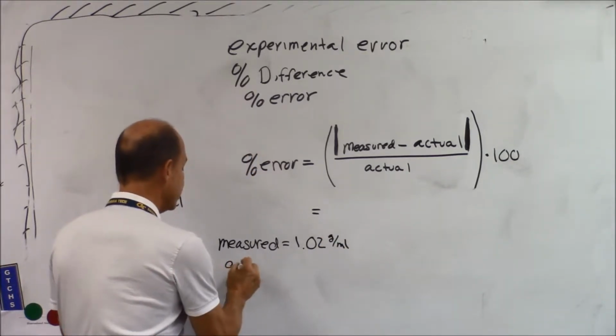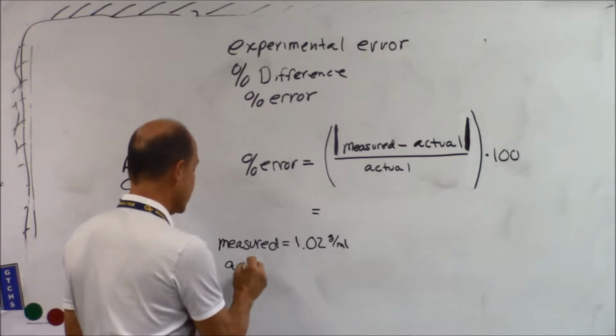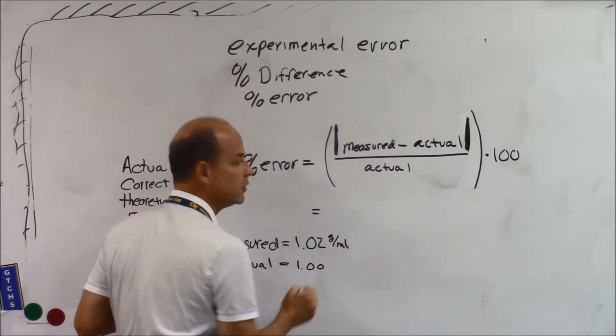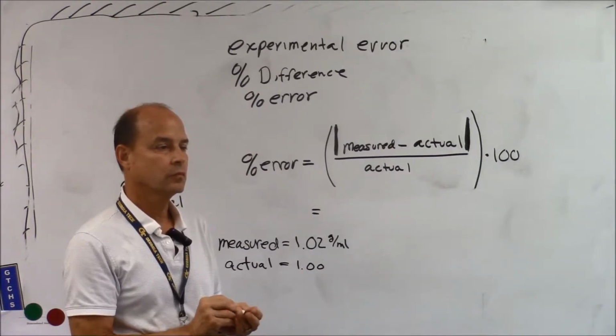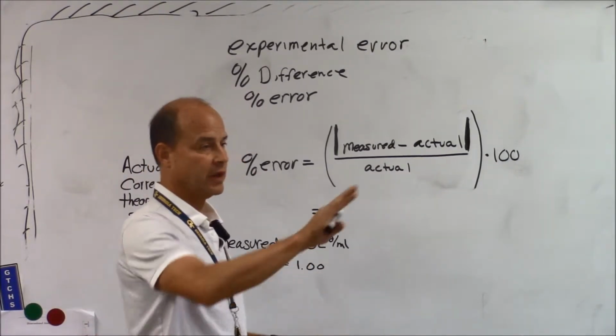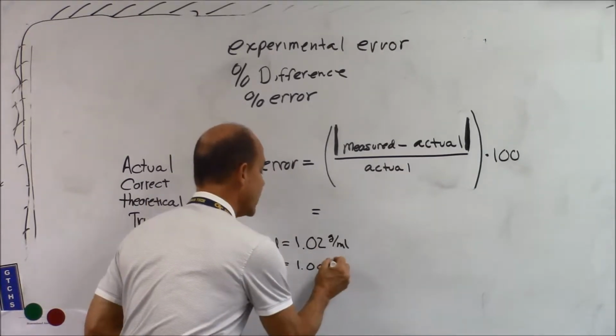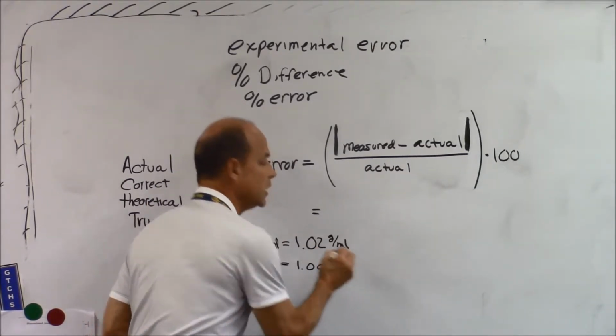We know that the actual value of the density of water is 1.00. By definition, hang on. By definition, the density of water is 1 gram per milliliter.